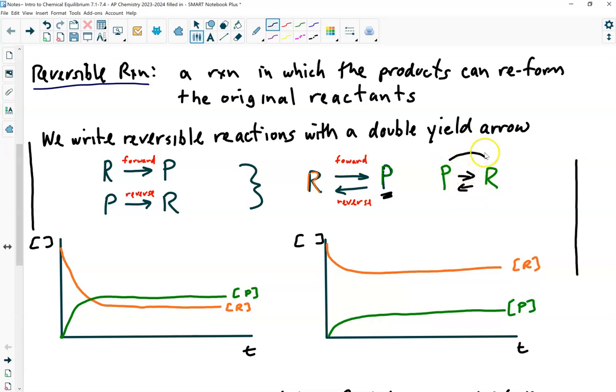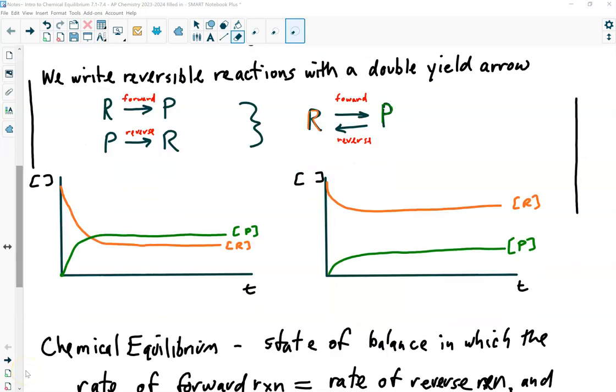And we would call this the forward direction, and we would call this the reverse direction. But what we do is we look at however it's written, and whatever the left to right direction is, that's the forward direction. So no matter how you wrote it, you're still going to say that the left to right direction is the forward direction and right to left is reverse. Does that make sense? I hope.